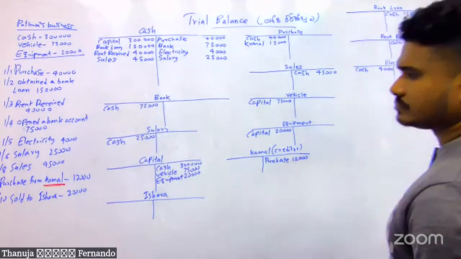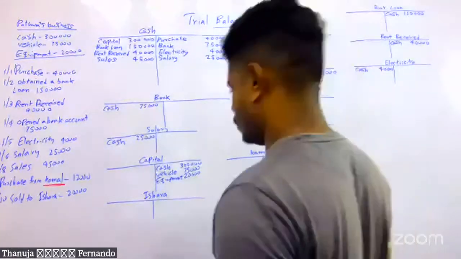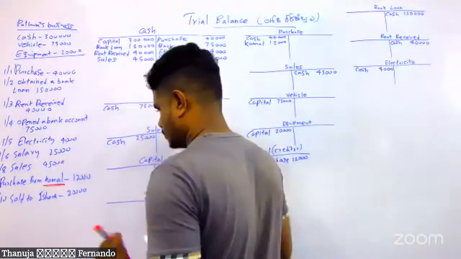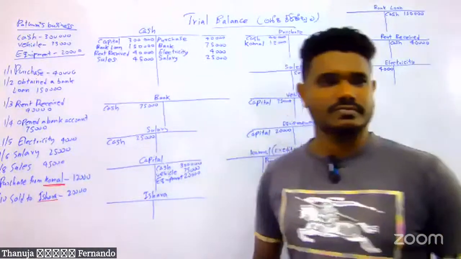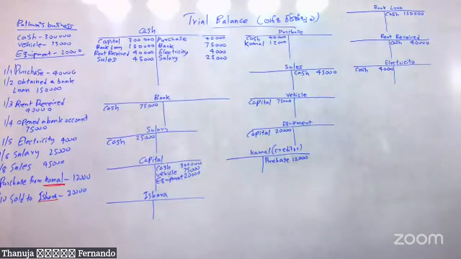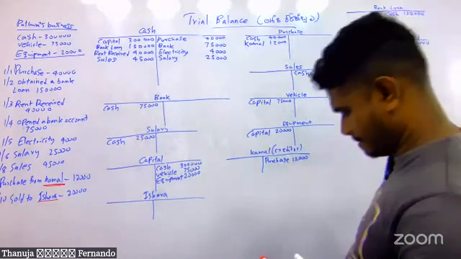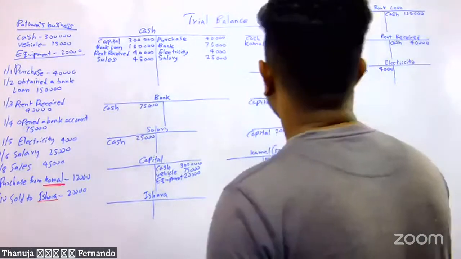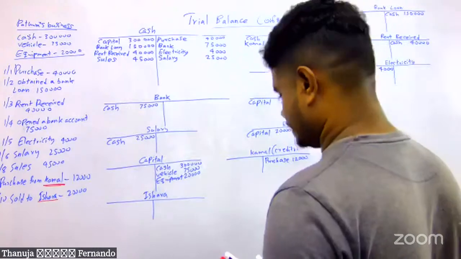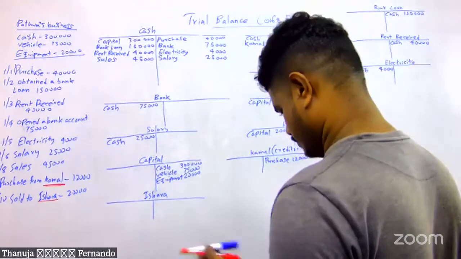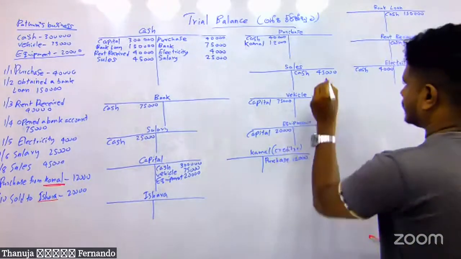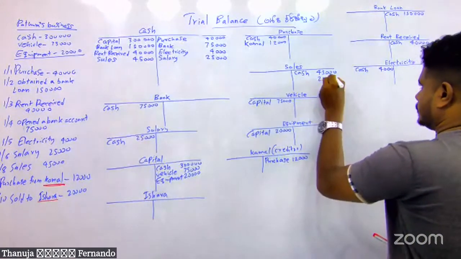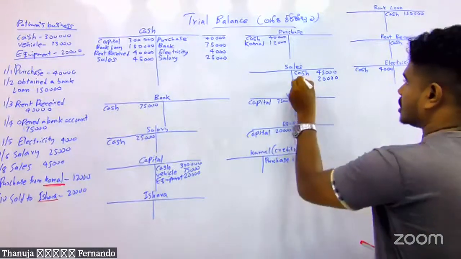Then sold to Ishara. Sold to Ishara means it is also a credit-based transaction. We have sold stock on credit, which means we are not receiving money. Then sales, increasing sales is an income. Income increasing, credit 20,000 as Ishara.